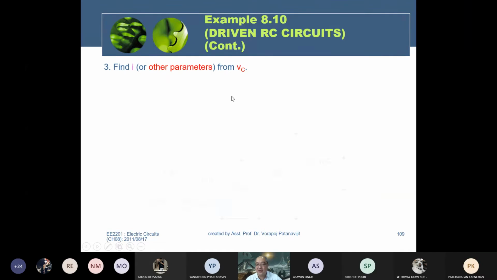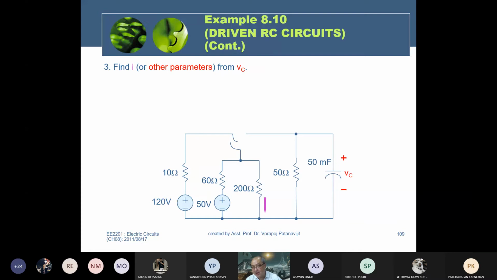Now, the question asks you for more. In this case, it asks you for the current that flows in the 200 ohm. For time less than 0, it's easy, right? The switch is placed in the top position.